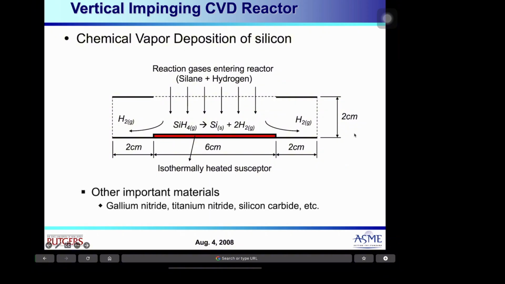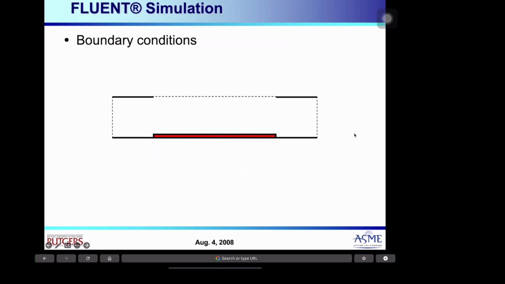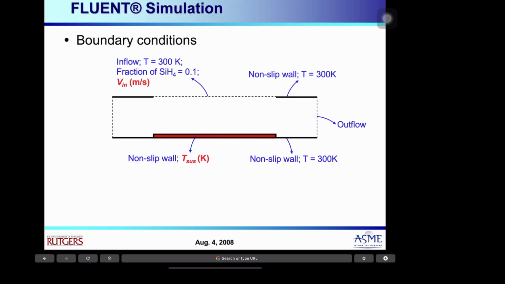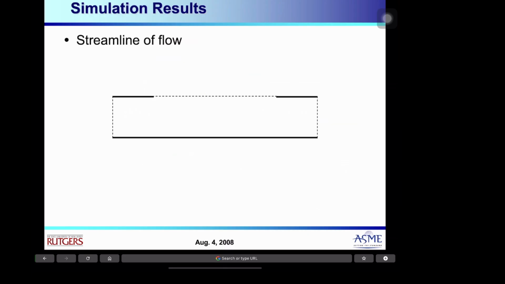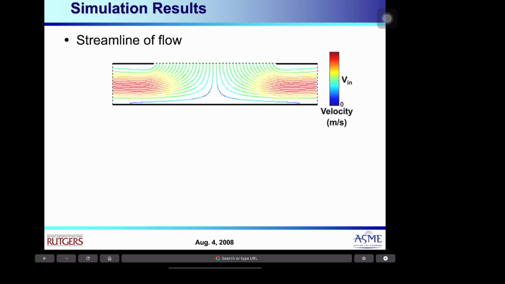So this could be simulated by ANSYS. With certain boundary conditions, I control the temperature at the bottom and I control the velocity of the incoming silane and hydrogen. Those are the 2 design variables. Then I was working on the numerical analysis. The streamlines look like this.